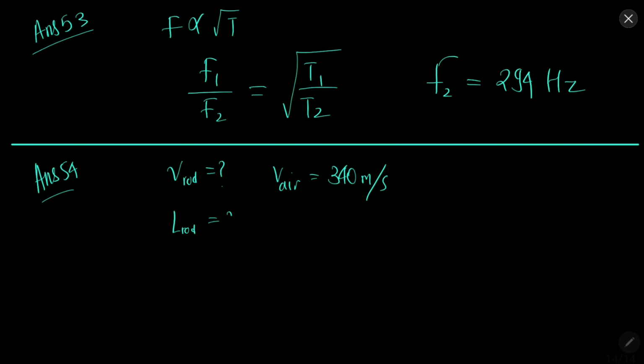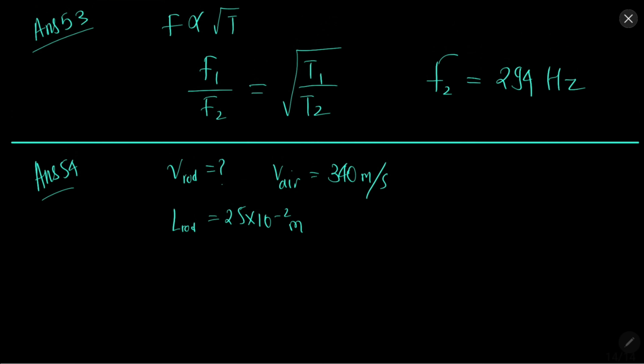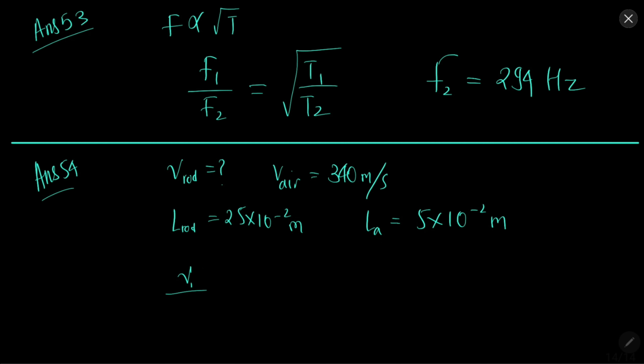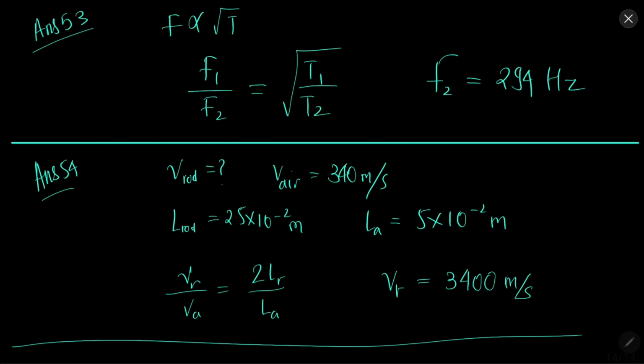Length of rod is 25 into 10 to the power minus 2 meters, and air column 5 into 10 to the power minus 2 meters. So VR over VA equal to 2LR over LA. So it will give us VR to be 3400 meters per second.